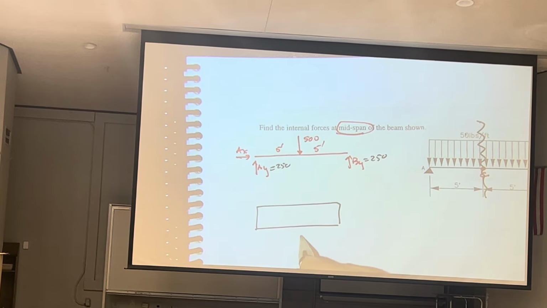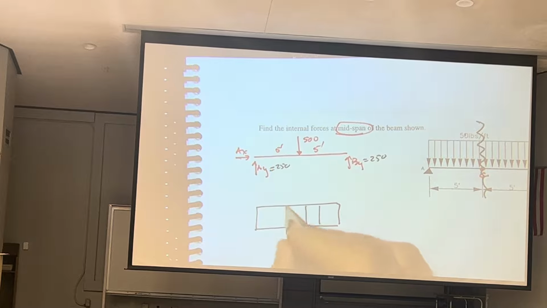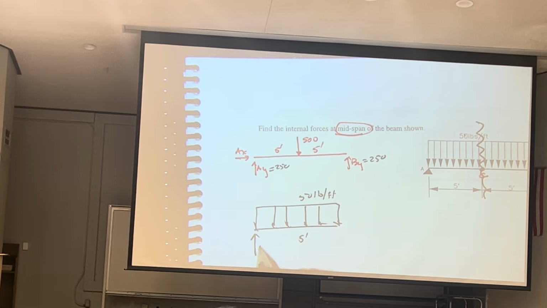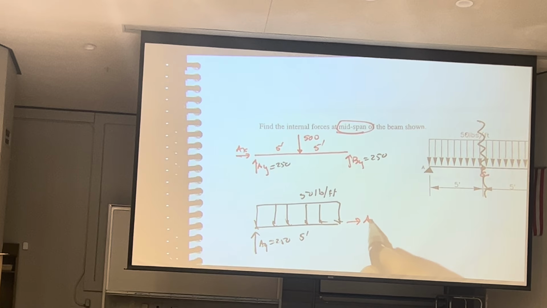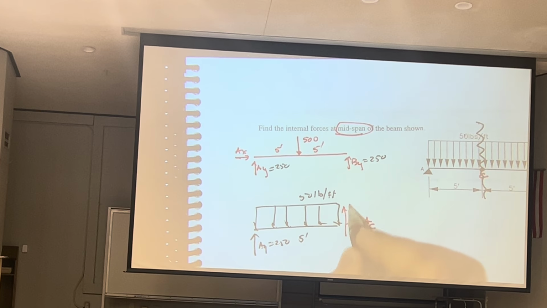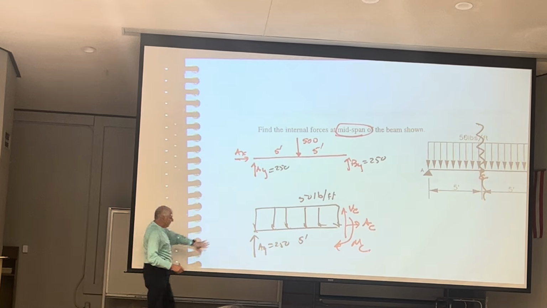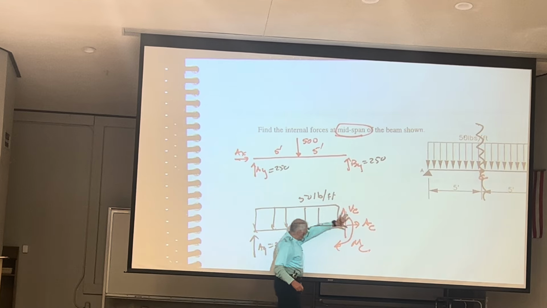A distributed load acting over 5 feet. That's 50 pounds per foot. Here's my AY, which I know is 250. And now that I made the cut, I have to put in my axial C, shear C, and my bending moment, MC. So now, what do I have? External, external, external.